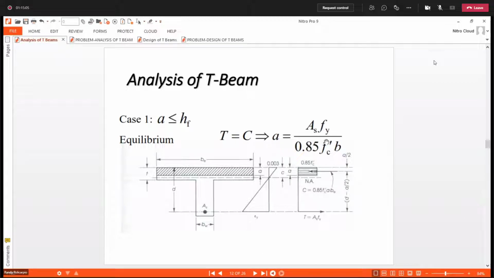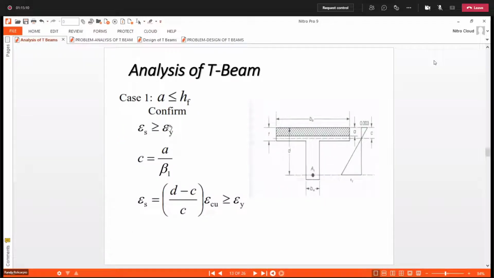Once it is equal to or less than hf, your computed a will be verified on another assumption. What is our other assumption? The fy. So we check if the steel really yields. You solve for the strain in the steel; if the strain in the steel is equal to or greater than the yield strain, your assumption is correct. Now how about if the steel does not yield?